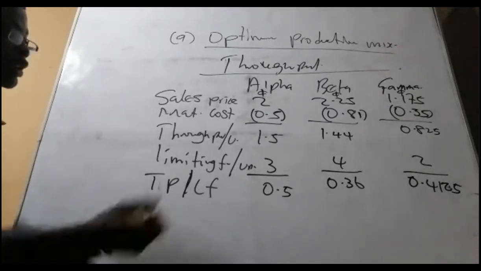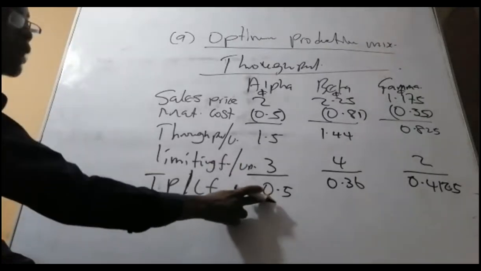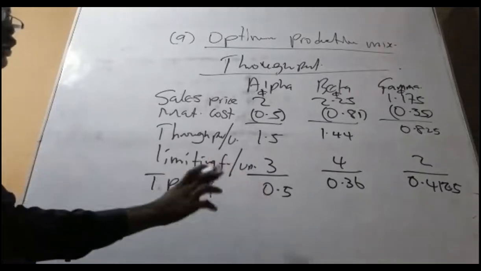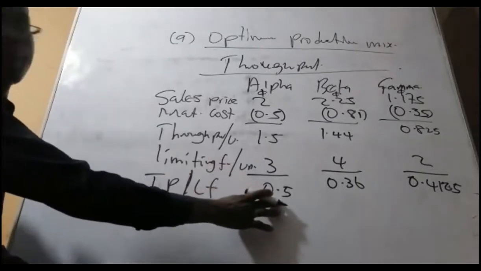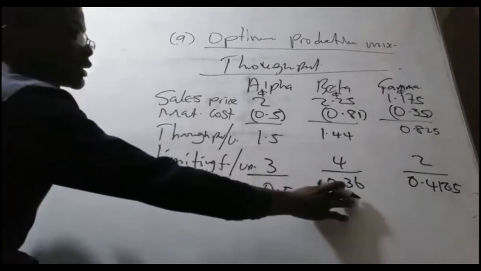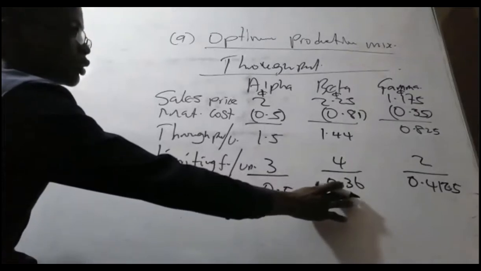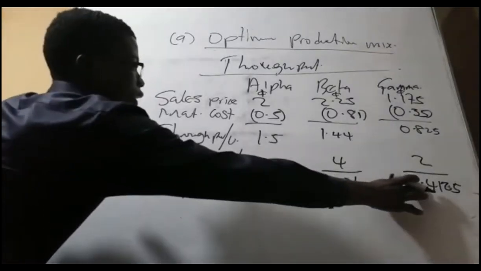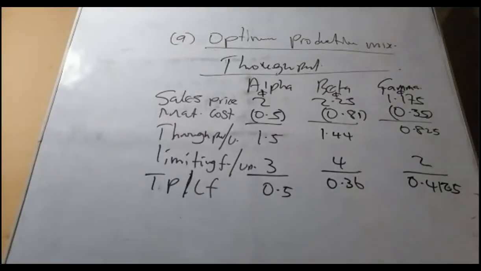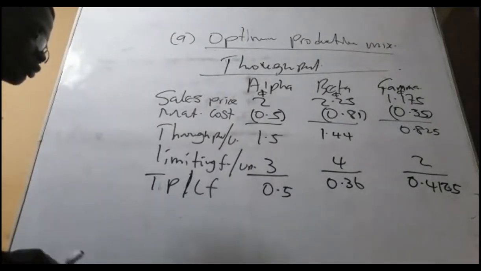So here, each minute that we spend or each quality control time, we are getting 50 pesos. Over here, we are getting 36 pesos. Over here, we are getting what? 41.25 pesos. That is the return that we are getting. So we have to rank them.